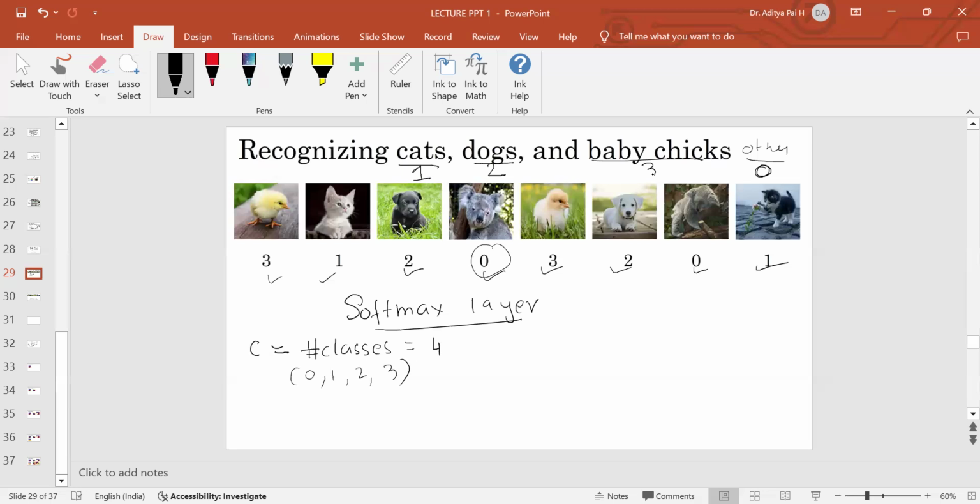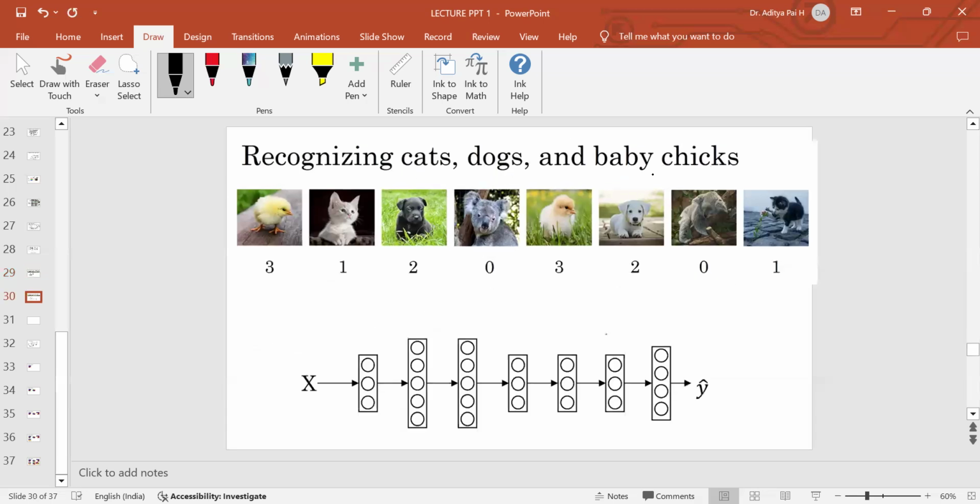In this, we build a neural network where we use C output units. So there are C output units, which you can see here: 0, 1, 2, 3. So there are that many output units.